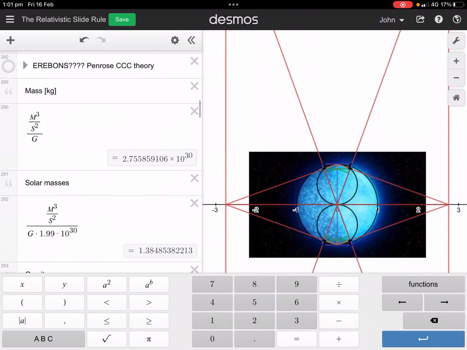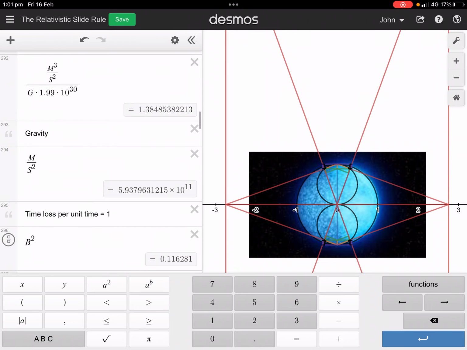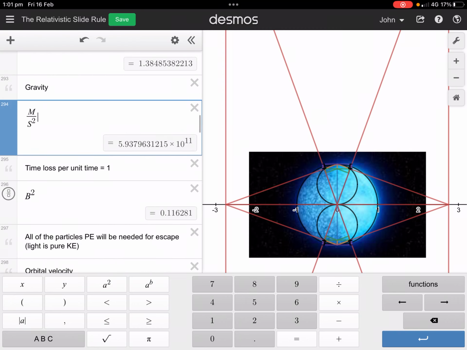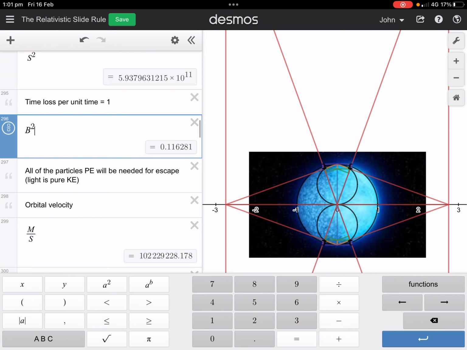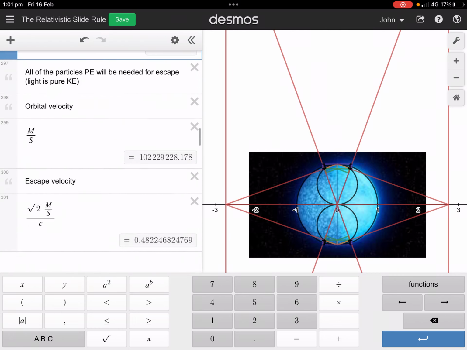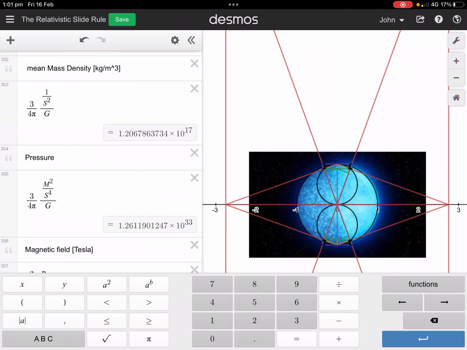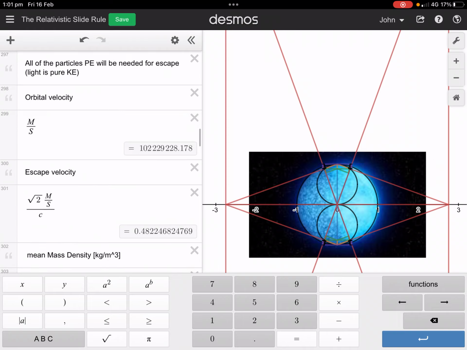Now we're looking at a solar mass of about 1.38, which is considered to be the point at which a white dwarf is going to collapse into a neutron star. Huge gravity, huge time dilation. You can see our density and pressure are starting to look like a neutron star.